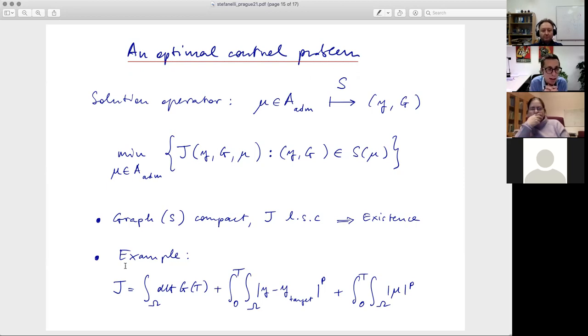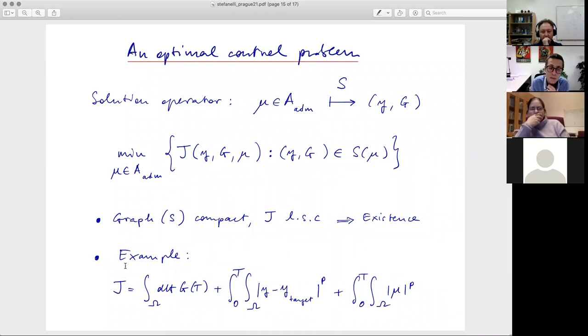We didn't do anything in this direction, but I would just want to mention an example of a possible functional J to be minimized. So here it is, it's a sum of three things. Now, for a second, just forget the happy example of the carrot and go to the sad example of the cancer. So now the first term is the determinant of G. It's kind of talking about the volume of the grown configuration, if there was one, at final time.